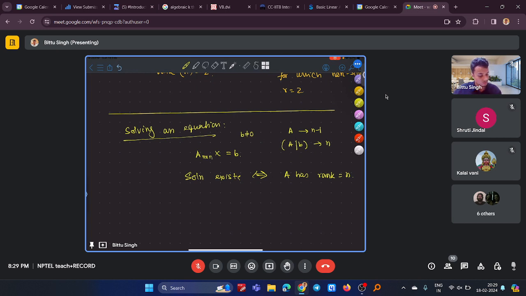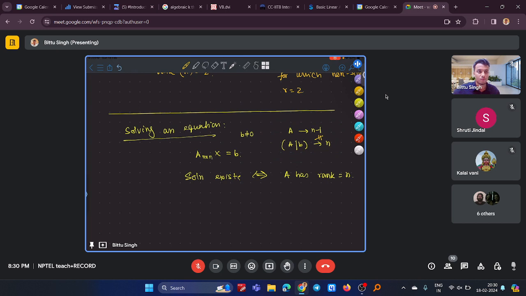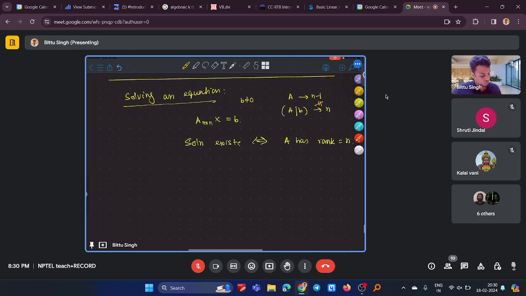Therefore, clearly, this system has no solution because the augmented matrix and the matrix have different ranks, when B is non-zero. So when B is non-zero, this system is solvable if and only if A has rank n. And from the definition, this is the same as saying the determinant of A is non-zero. That is, A is non-singular.